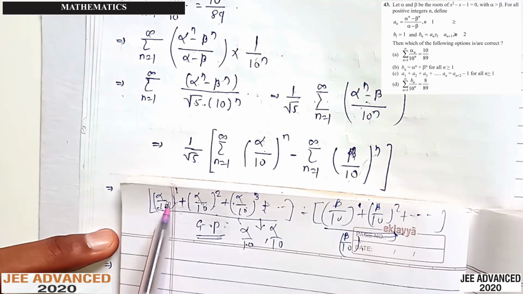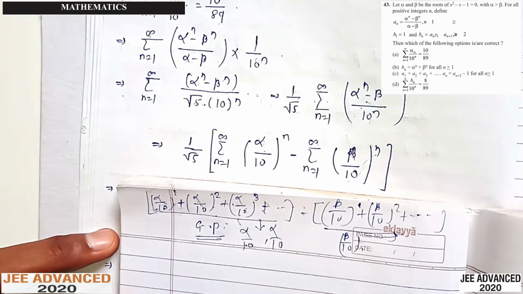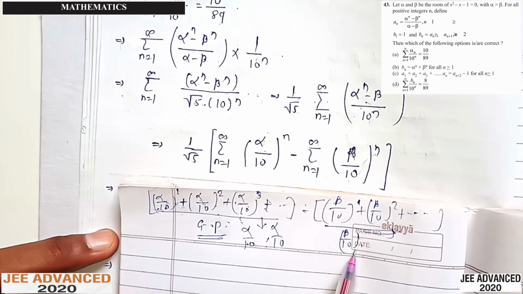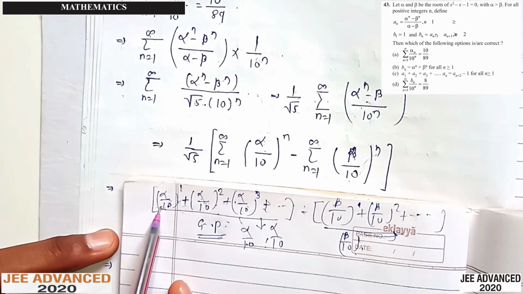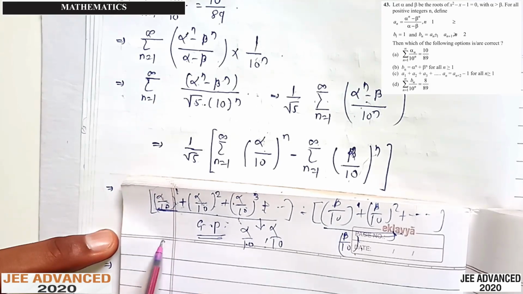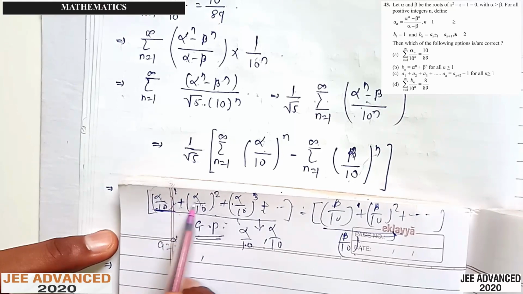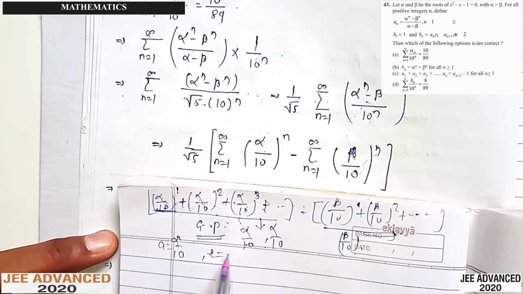We have to find the sum here as well as here. Here the first term a is alpha by 10, and the common ratio between these terms we write as r, which is alpha by 10.